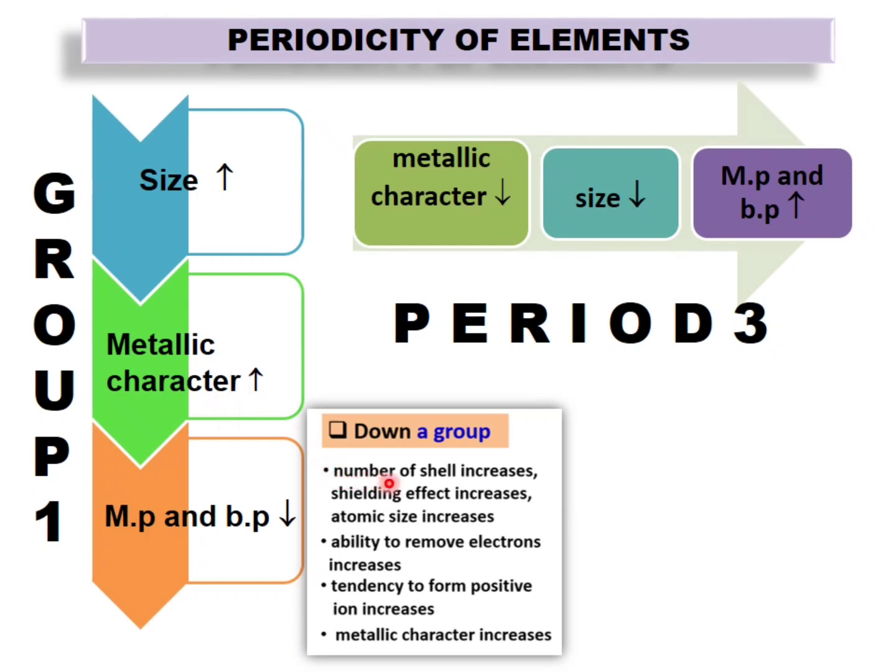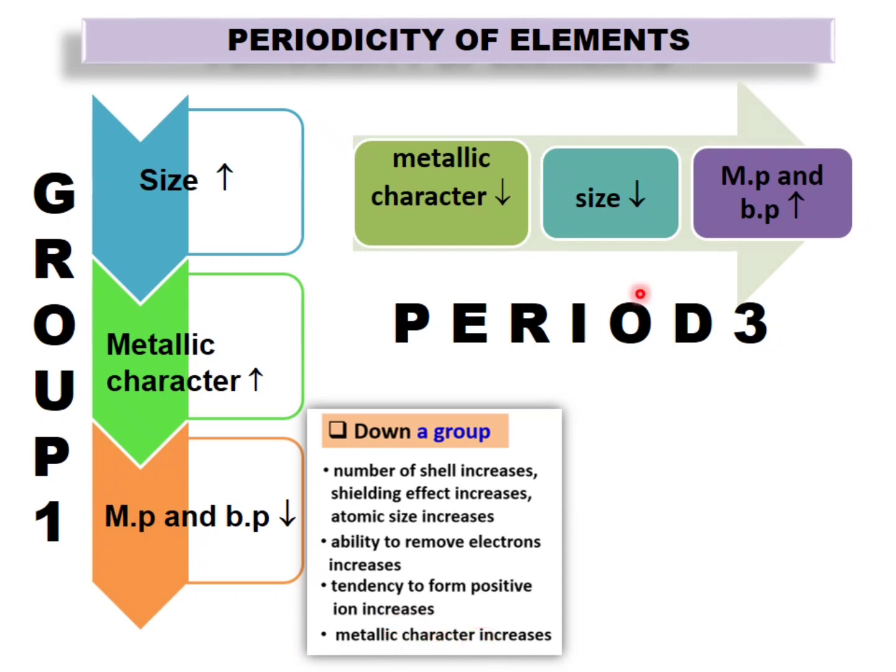Why? Because the number of shell increase, shielding effect increase, atomic size will increase. So kita tahu size semakin besar. So bila size semakin besar, ability to remove electron will increase. Lagi senang nak buang electron. So tendency to form positive ion will increase. That's why metallic character increase.